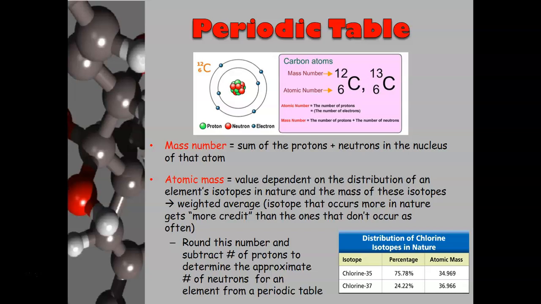But most of the time it's reported on your periodic table as atomic mass, and that atomic mass is a decimal because it's taking into consideration your isotopes. Now remember we talked about isotopes yesterday as well. Isotopes are the same number of protons because it's the same element, but I change the number of neutrons so that nucleus gets a little heavier or a little lighter based on how many neutrons are there. So it's an average.